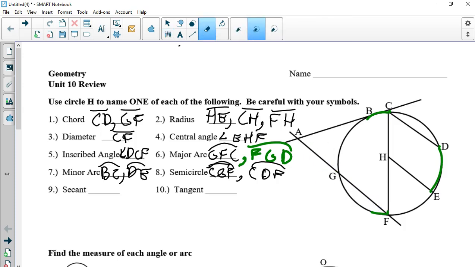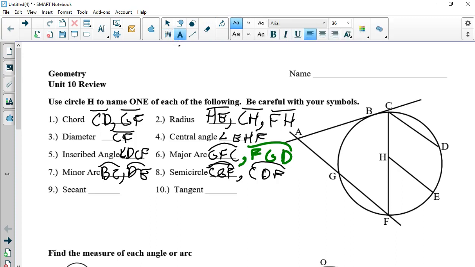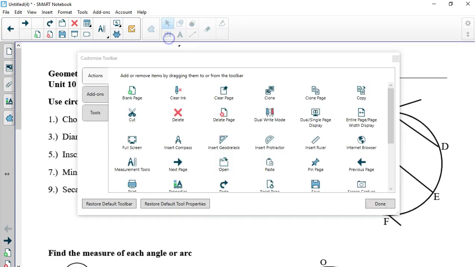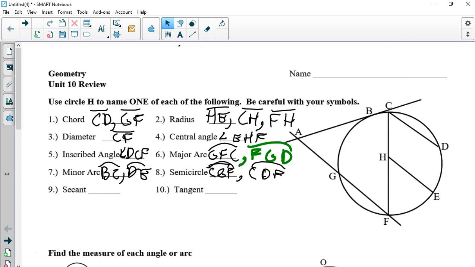A secant. Okay? A secant goes through the circle, kind of like an arrow shooting through a balloon. So there's only really one place for that. This board's really being weird. Okay, only really one place for that, and that is this right here. Okay? AC.